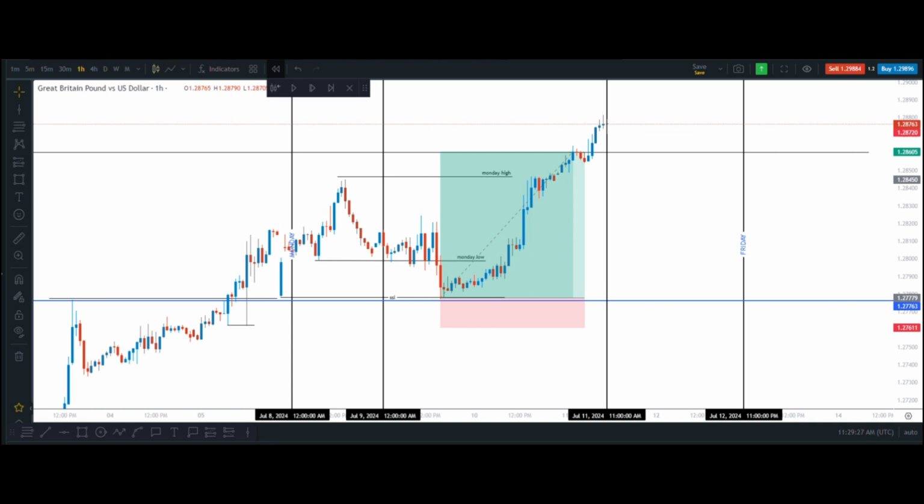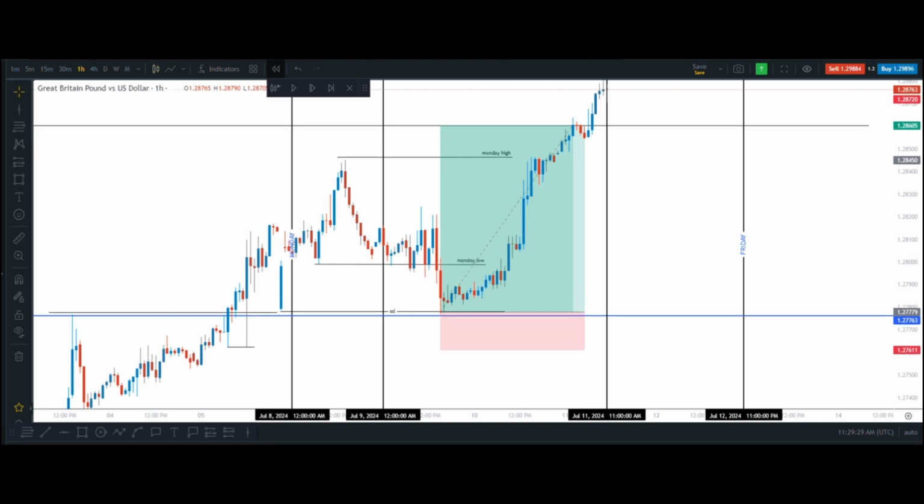And you can see that price just went all the way without giving us any drawdown, and that's the accuracy that weekly range gives. If you know how to analyze and know where price is supposed to bounce off from, you are going to get a perfect entry without any drawdown whatsoever, provided your bias is correct, that the direction you are expecting price to go, price actually went in that direction.